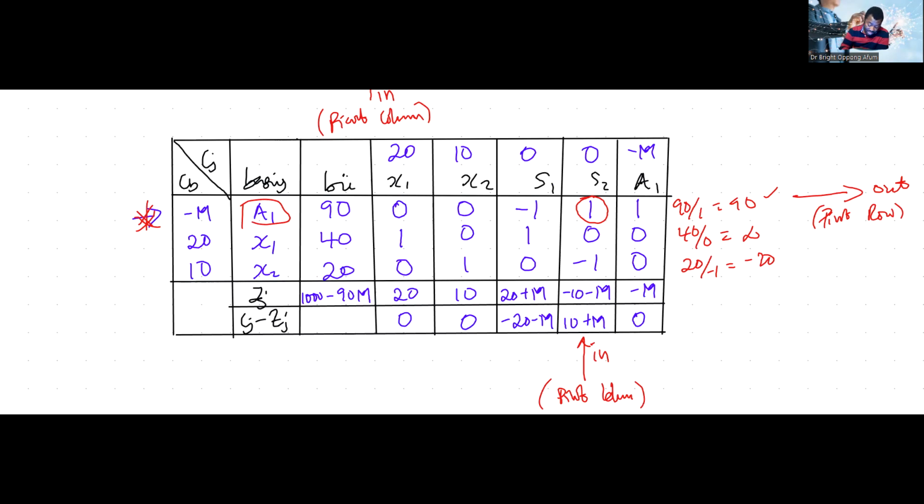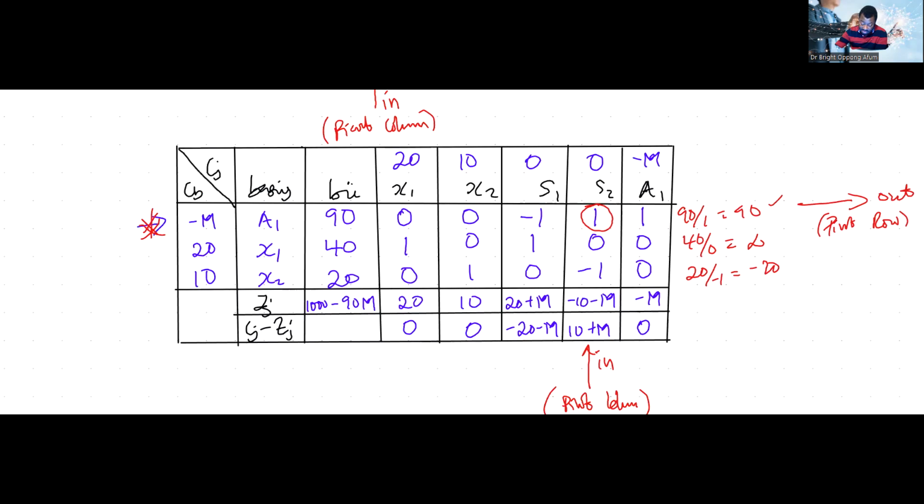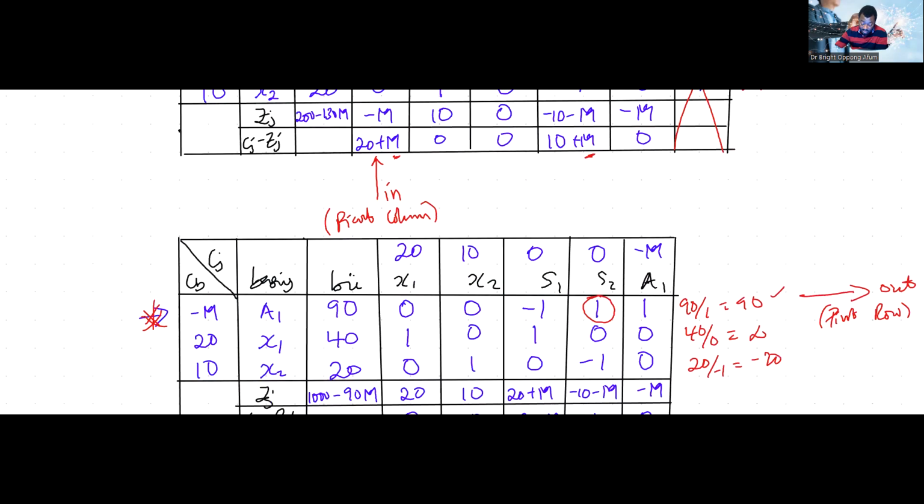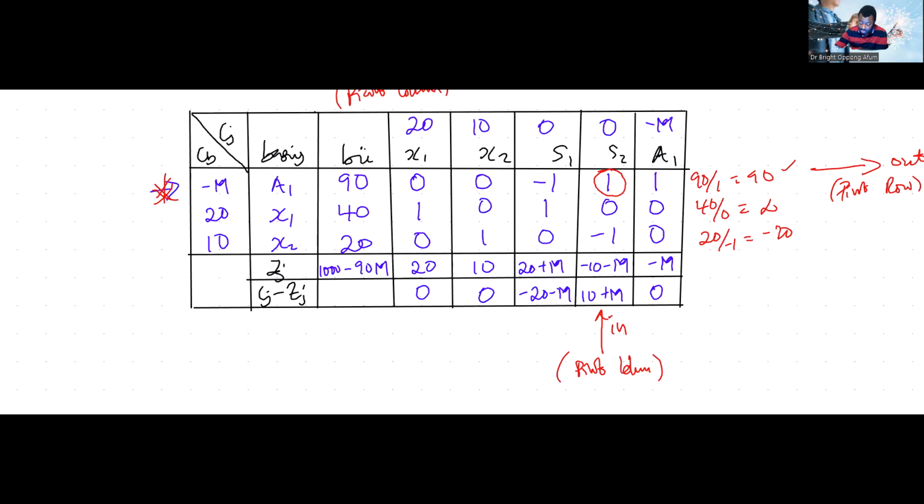So what we'll do here, let's take this back to number, right? So this is our final tableau here. Our next iteration will be to replace A1 with S2.